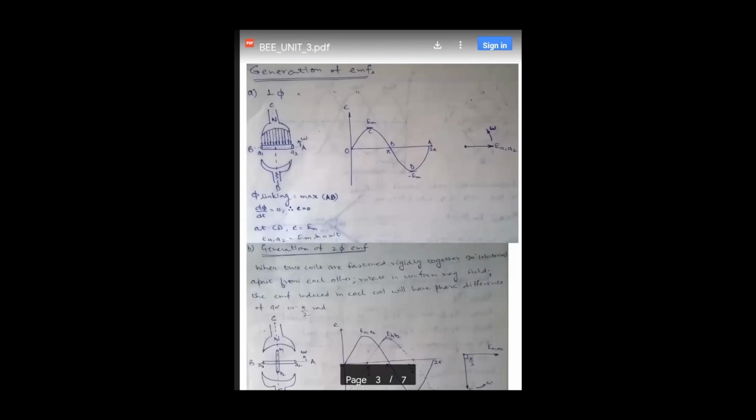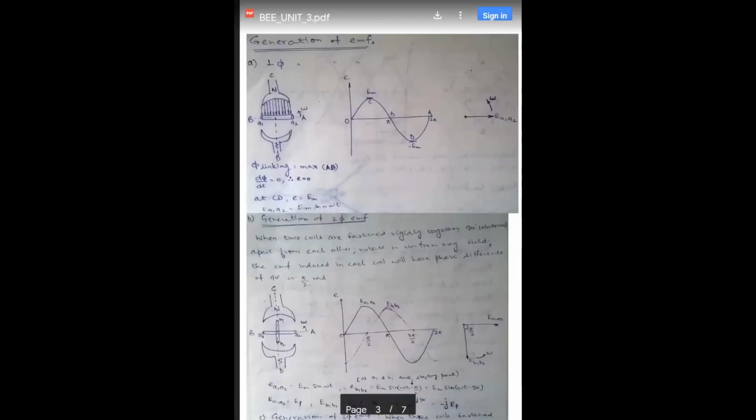Let's first begin with the generation of single phase EMF. So here this generating machine or alternator is there, north pole, south pole is there, and the magnetic lines of force or the flux is trying to reach from north pole to south pole, but in the given figure it is blocked by the conductor whose sides are A1 and A2.